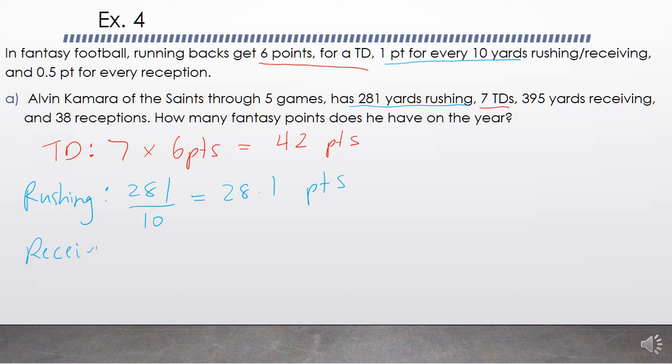Receiving. Again, same point allocation. 1 point for every 10 yards receiving. He has 395 yards. You get 1 point for every 10, so 39.5. And then the last thing, receptions, which just means catches.